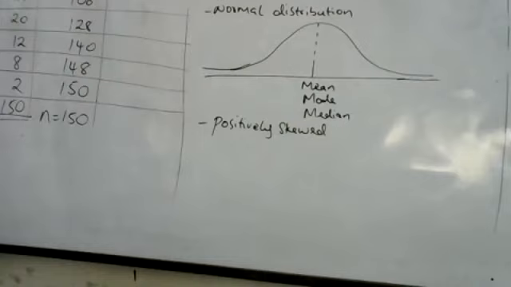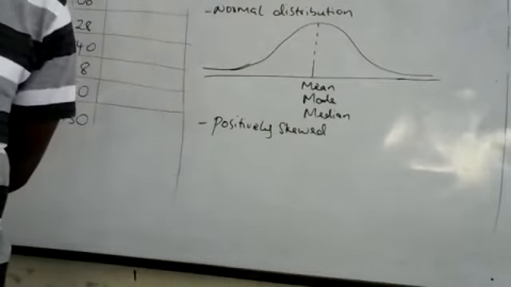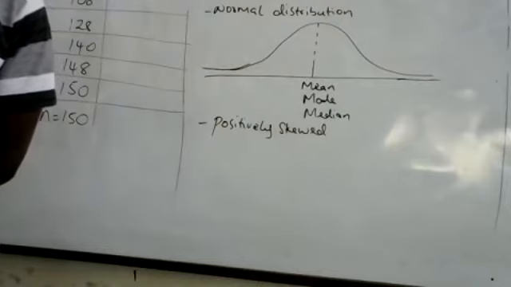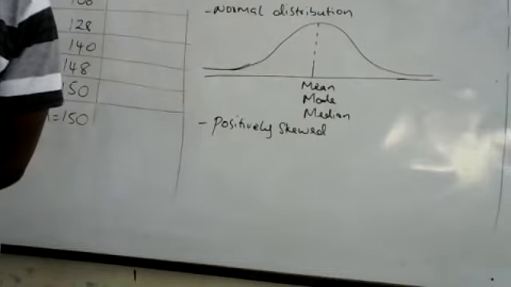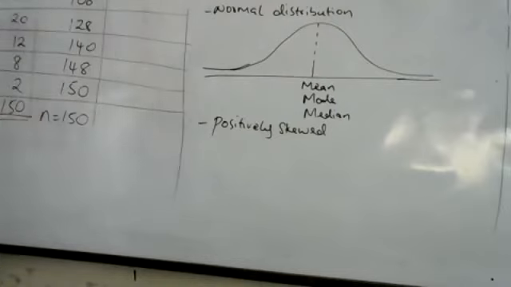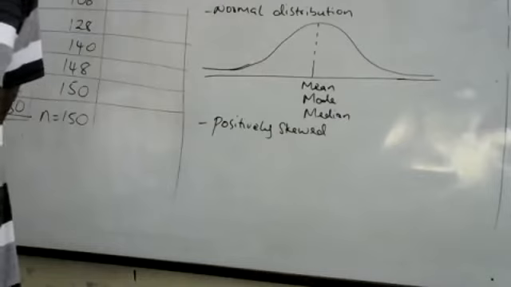Then you say that it is a distribution in which majority of the data falls to the left, and the right hand side has a long tail.